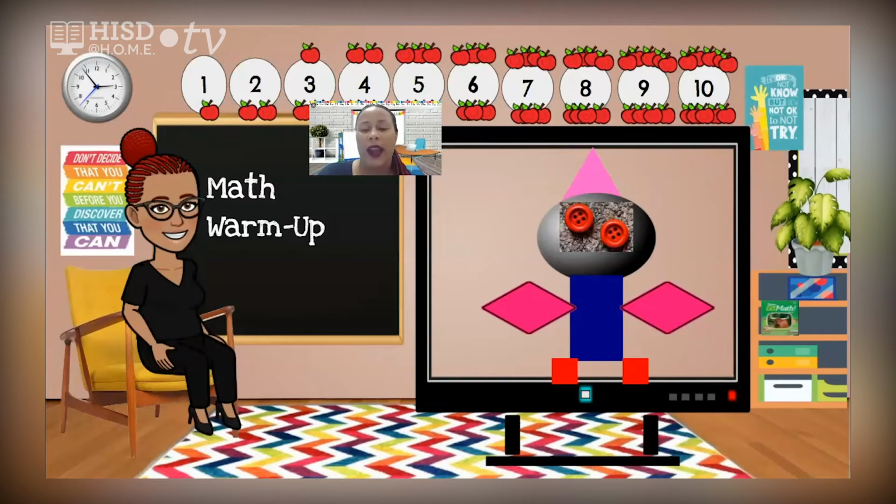A square. Give yourself a pat on the back. These are just a few of the shapes that we have seen in our previous lessons. We're going to be using these shapes in today's lessons as we look at equal and unequal parts.